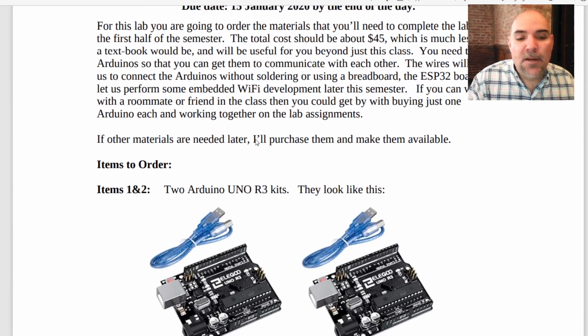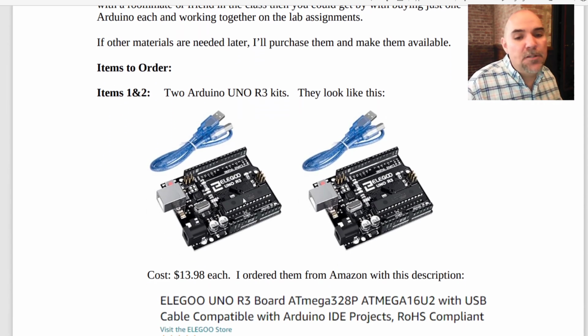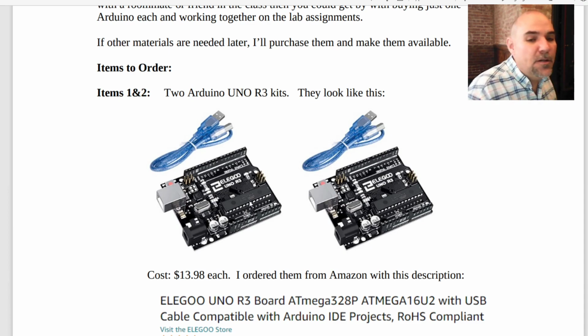Now, quick thing about Arduinos is the language that's used to program these is C++, which is a superset of C. So a lot of the stuff you learned in systems programming or data structures is going to become useful here, because that's how we're going to program these chips. There are some versions of embedded boards like this that use a thing called CircuitPython.